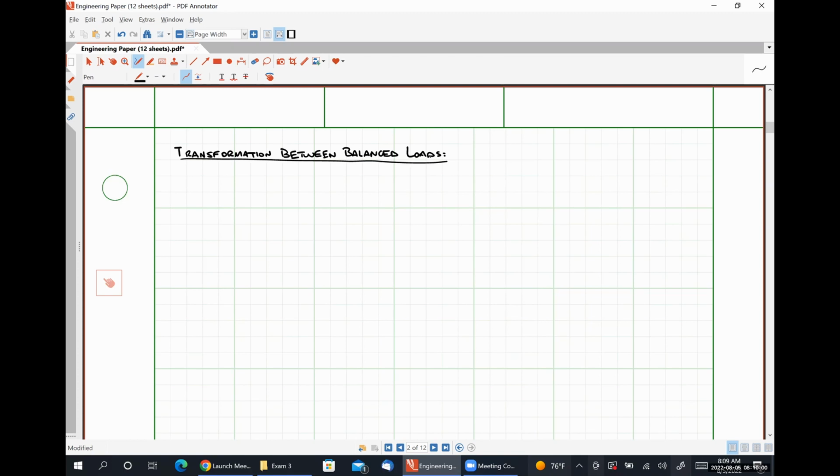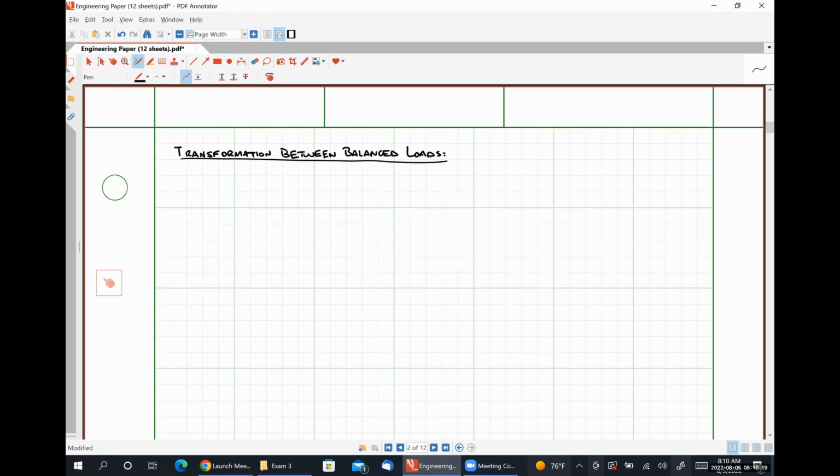Now, I do want to point something out. I am very specifically going to develop a transformation between unbalanced loads first, and then we are going to figure out how that simplifies when our loads are balanced.